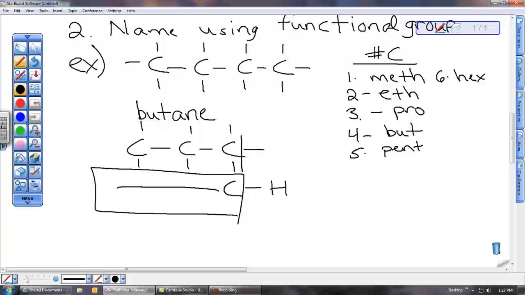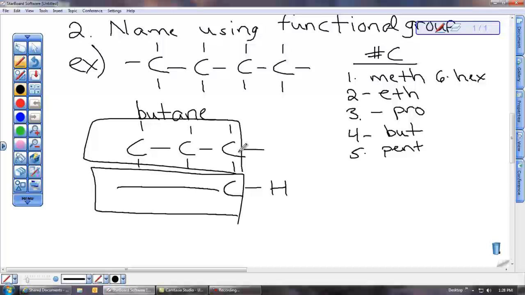I've boxed in this section here. It's propane without that H. That's called a propyl group, P-R-O-P-Y-L. So what we're doing is cutting off the -yl ending and putting in the -ane for an alkane. But that's overly complicated, we don't need to know that. So experience will tell you.